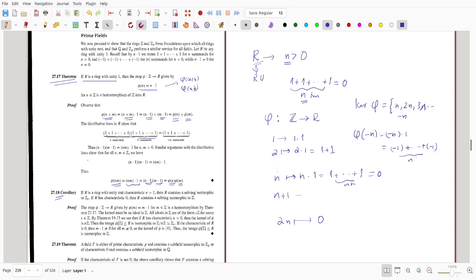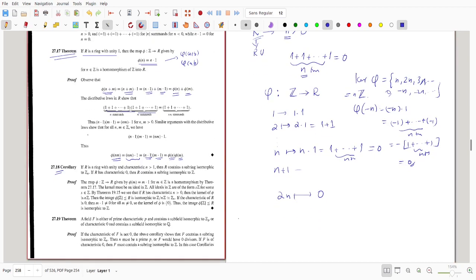By taking minus outside, this is minus of 1 plus etc. plus 1, n times. That is again 0. So minus n is also mapped to 0. Obviously 0 is mapped to 0. Minus 2n is mapped to 0. So kernel is nothing but multiples of n, that is nZ.